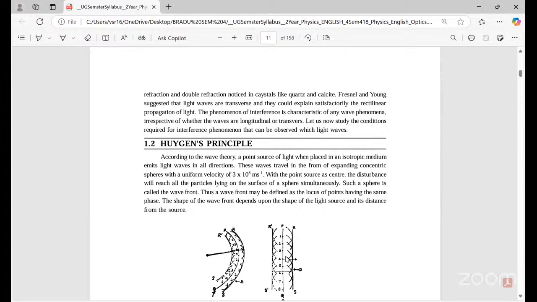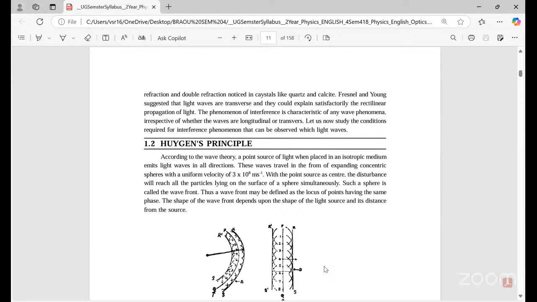But the velocity of these two rays is different. That you may discuss in the coming classes. But that is the double refraction. Okay. So that was successfully explained by this.